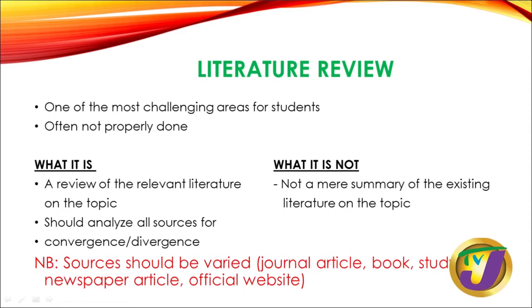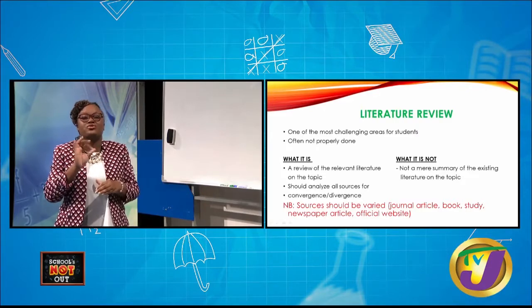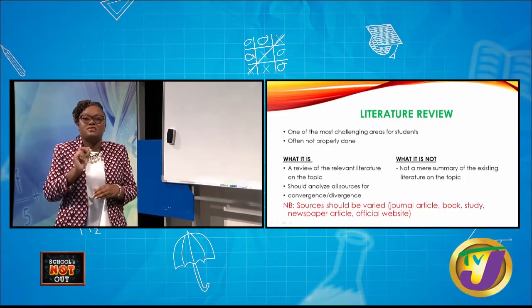But it is actually a review, which means that you are looking at sources and extracting information that is going to be relevant to what you are doing. No, it does not mean that all of this information must agree with what you have in your mind. It could contrast, and it's actually very good to have your sources being contrasted in that kind of way, right?